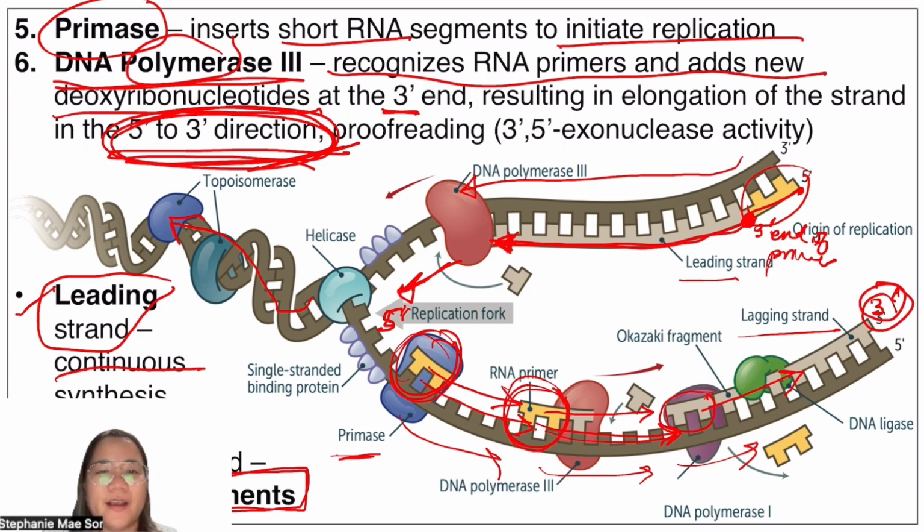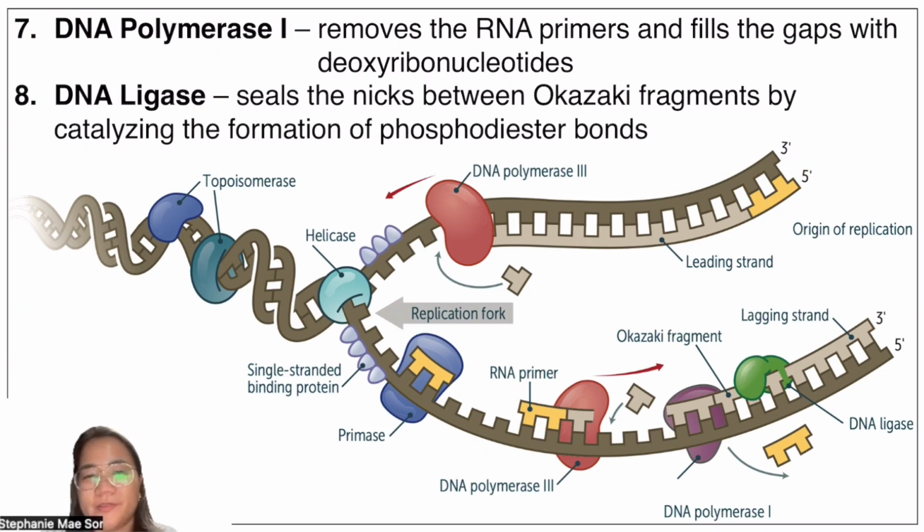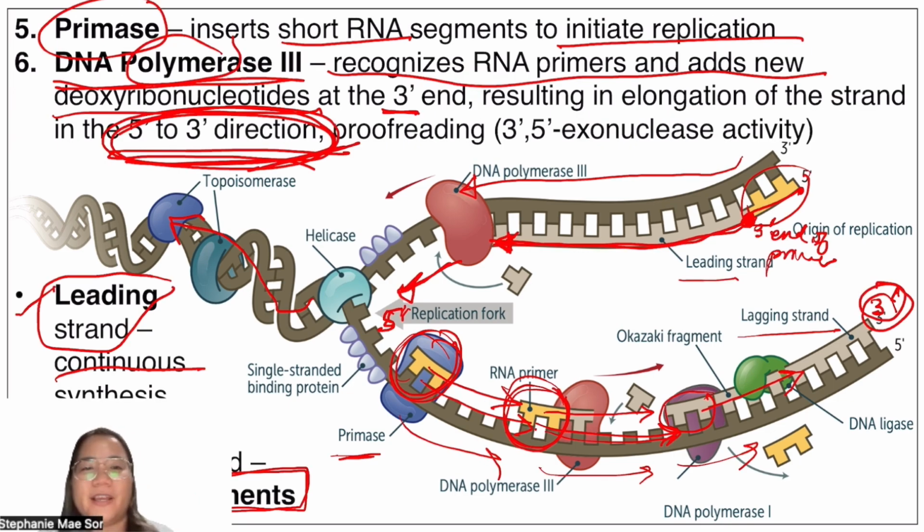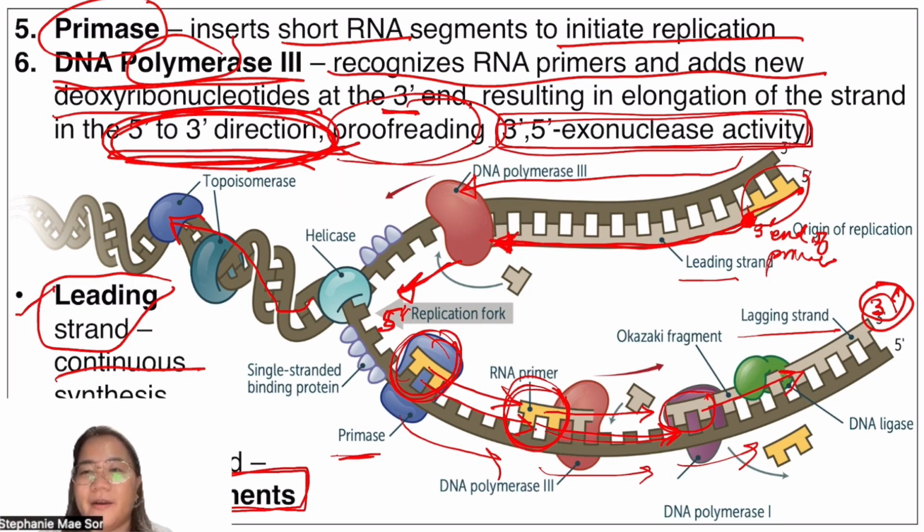So, here is the next step naman. So, nakagawa ka na ng strand mo. Another thing I forgot to mention naman pala is your DNA polymerase has a proofreading activity. Meron siyang tinatawag na 3' to 5' exonuclease activity. Exonuclease kasi pwede siyang magtanggal ng mga maling lagay.